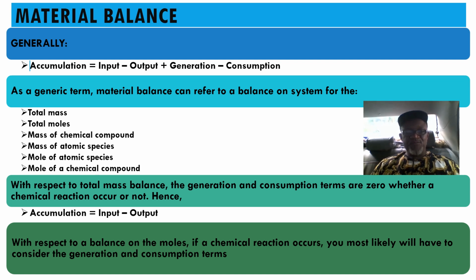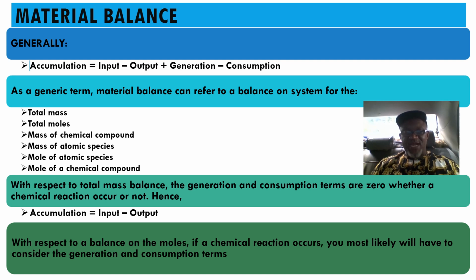With respect to total balance, the generation and consumption terms are zero, whether a chemical reaction occurs or not. Hence, accumulation is equal to input minus output.